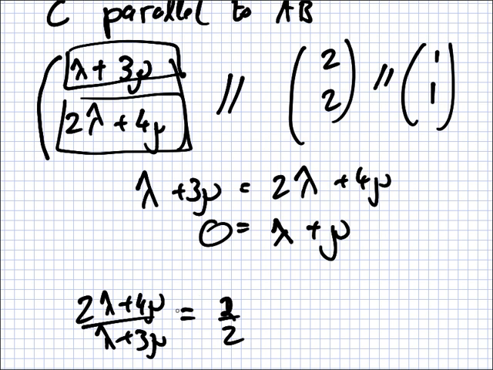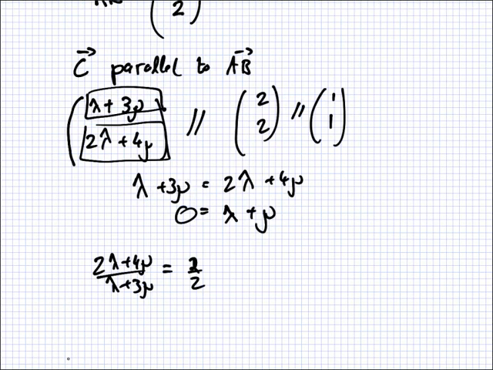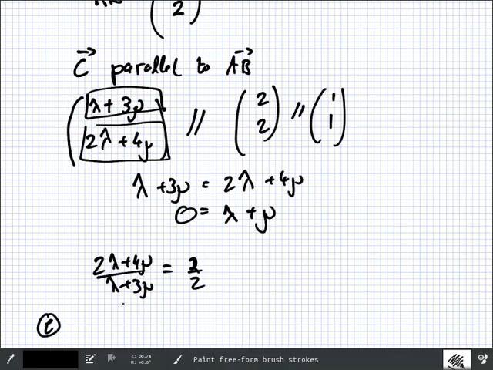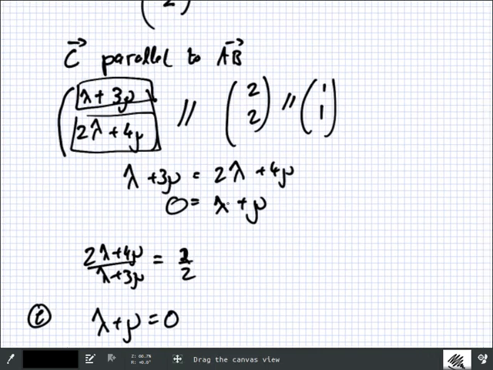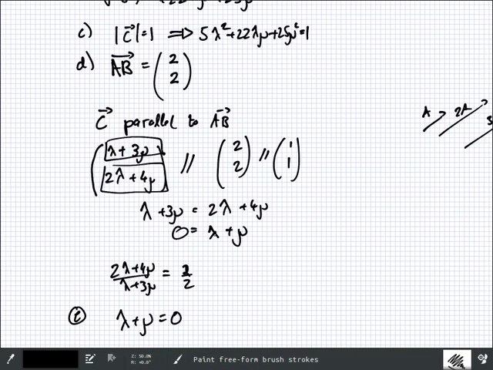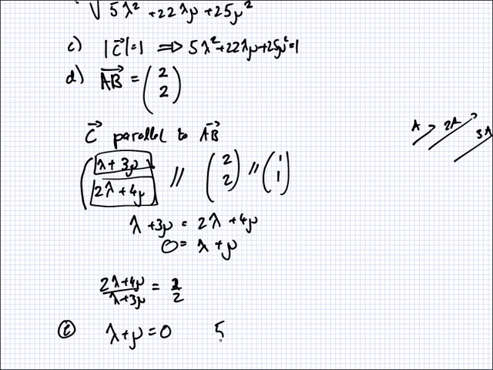Okay. Continuing. So can I write the lambda equals 1 and the mu equals minus 1? No. Because they could be 2, 2, 3, 3, 4, 4. Lastly, we want to find lambda and mu. So we know that lambda plus mu equals 0. And from earlier, we also have 5 lambda squared plus 22 lambda mu plus 25 mu squared equals 1.